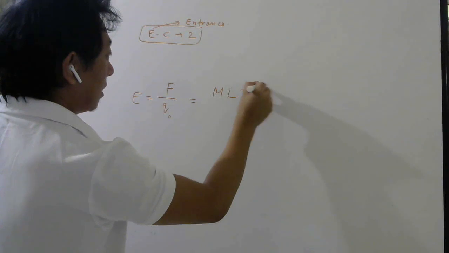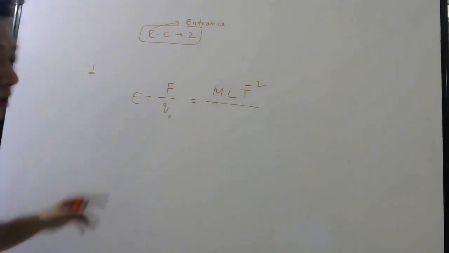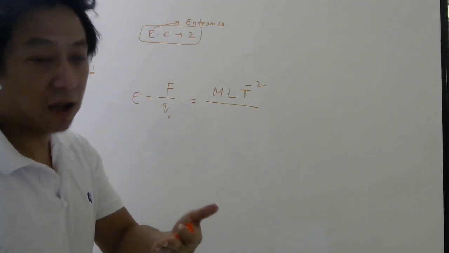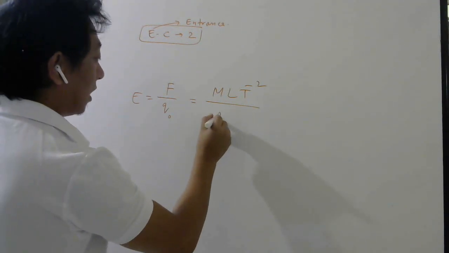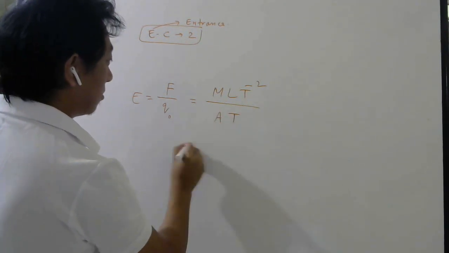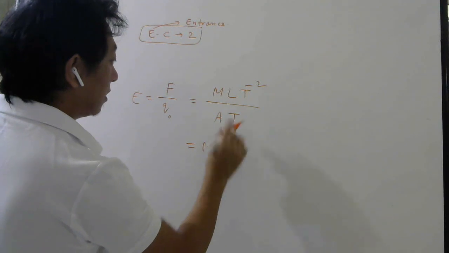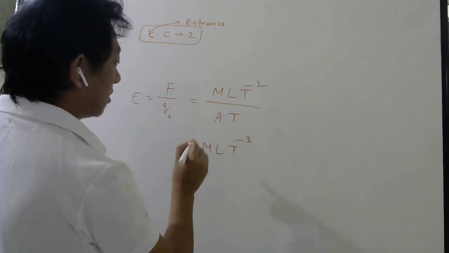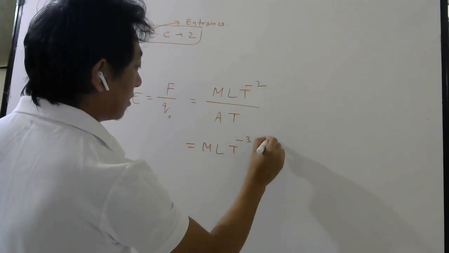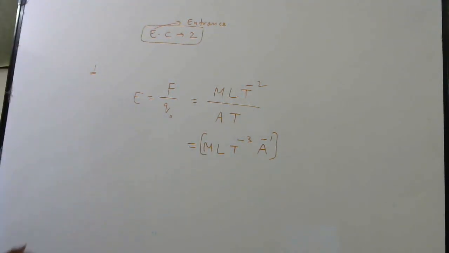MLT minus 2, mass into acceleration, and charge is current into time. And current's dimension we write A, time is T. So this will be ML, this T will go up, T minus 3 into A minus 1. So that is the dimension of electric field strength, which matches with option D.